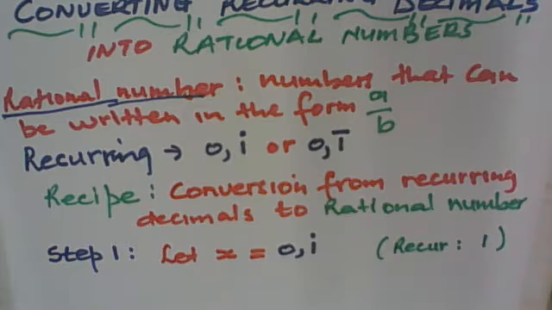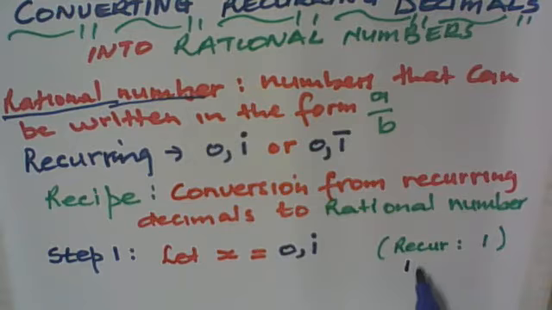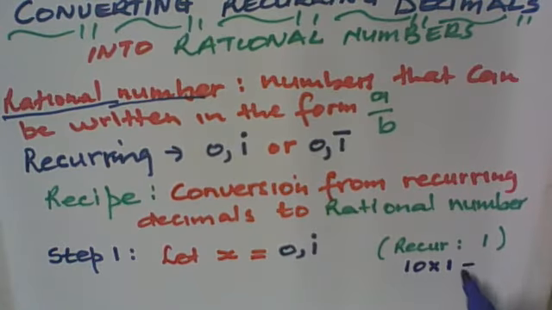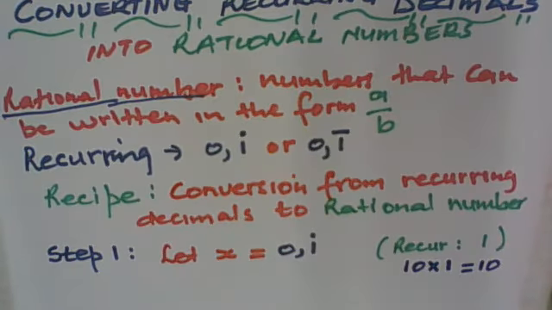So what I do, I take 10 times the number of recurring, and that gives me 10. Now, this gives me the second step, where I am going to multiply.